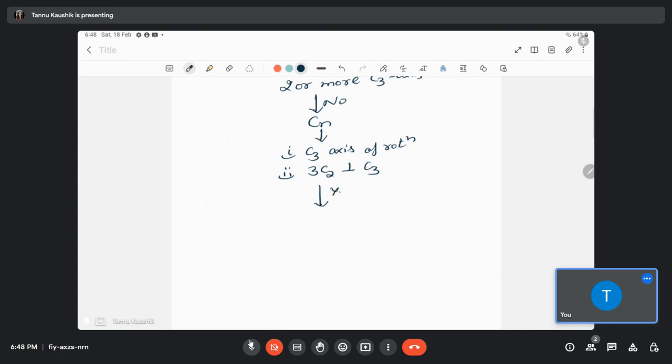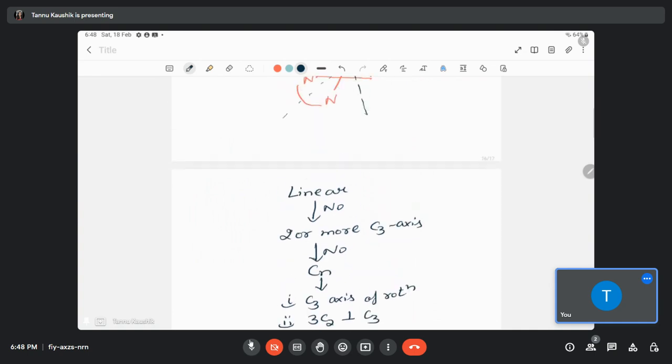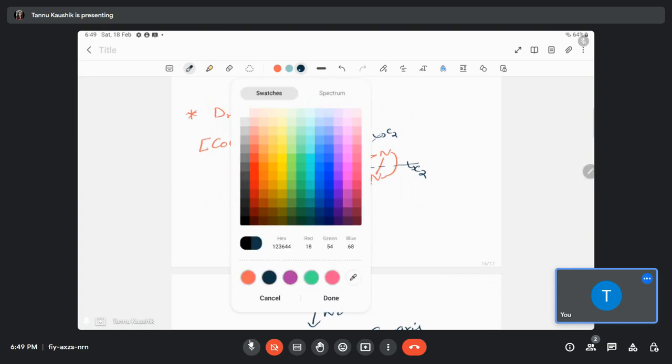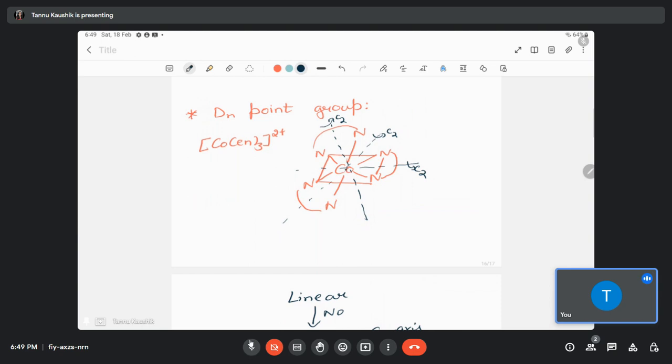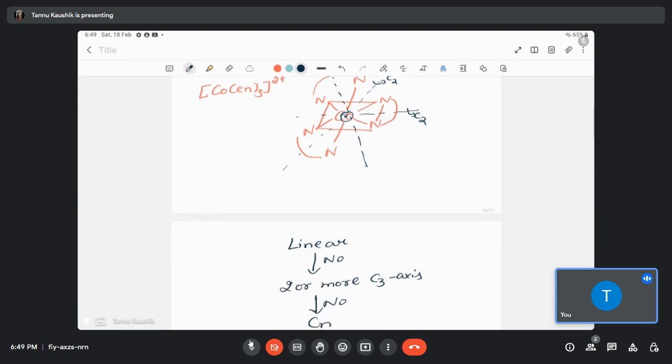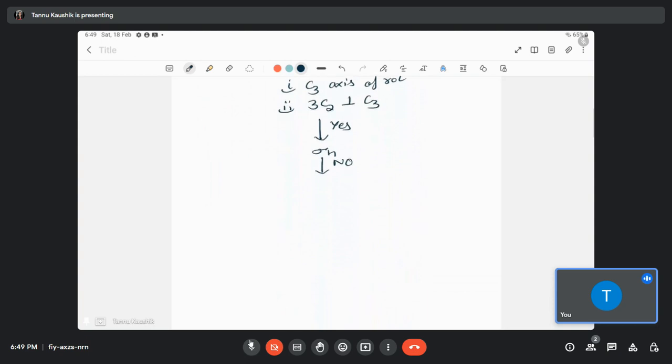Then do we have sigma h, a horizontal plane? No, we don't have a horizontal plane because the C3 axis of rotation is perpendicular to the plane of the board, and if we draw a horizontal plane, which is the molecular plane here, we won't get an equivalent configuration in that case.